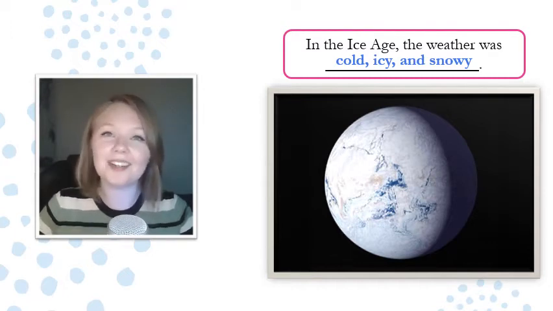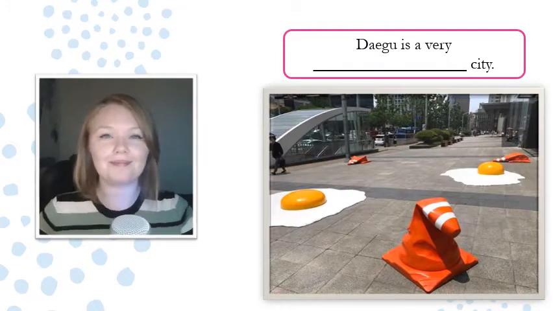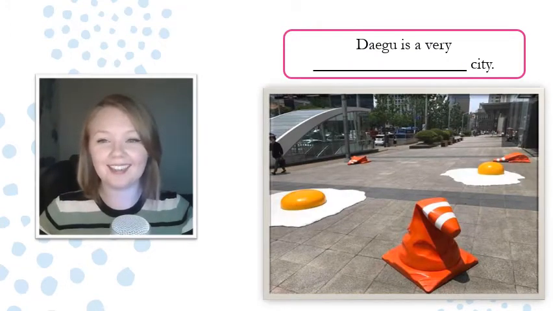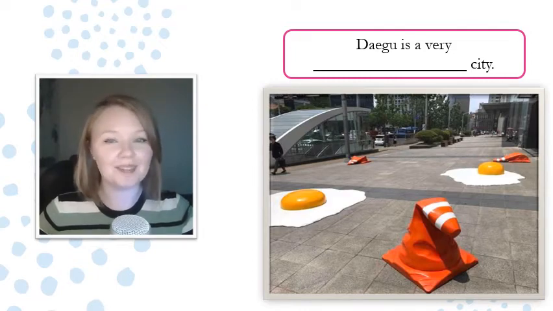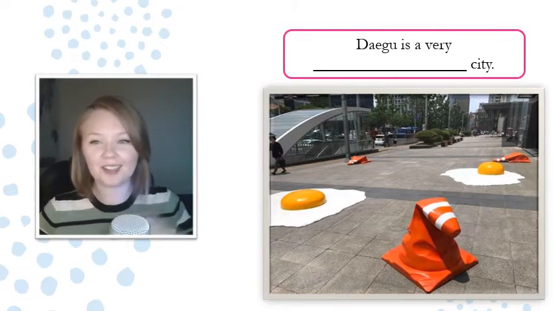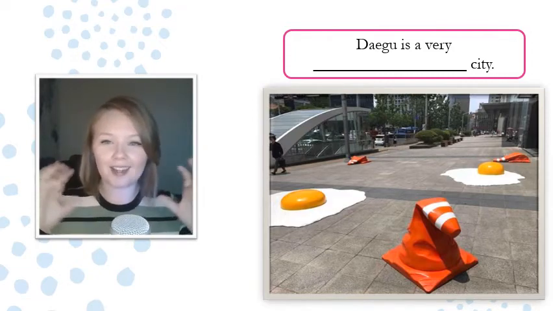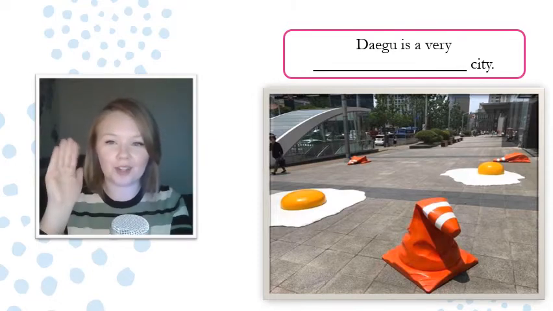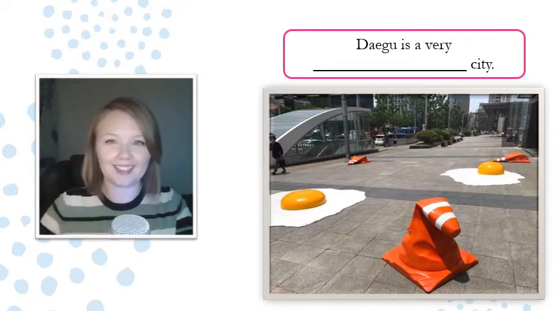Let's take a look at our next example. Here in number 3, we see a city in Korea. Daegu is a very... city. When we look at the picture, we can see that it looks like there are some fake eggs frying on the sidewalk and some traffic cones that are melting.